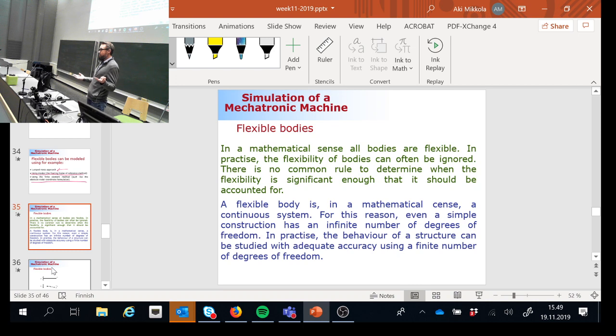That's very hard to say, and there is no general rule to make that decision; it depends on your common or engineering knowledge. But of course, the reason to introduce flexibility to your model is to make more accurate, more physics-based models. And you can do that in a number of different ways, like I explained in a previous slide.